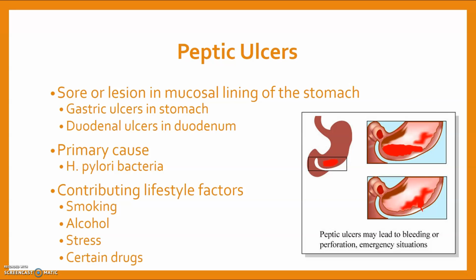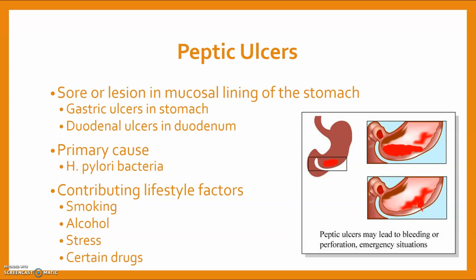The primary cause of peptic ulcers is attributed to the bacteria H. pylori. Peptic ulcers can also be the result of long-time use of non-steroidal anti-inflammatory drugs, such as ibuprofen, which is Advil, and naproxen sodium, which is Aleve.